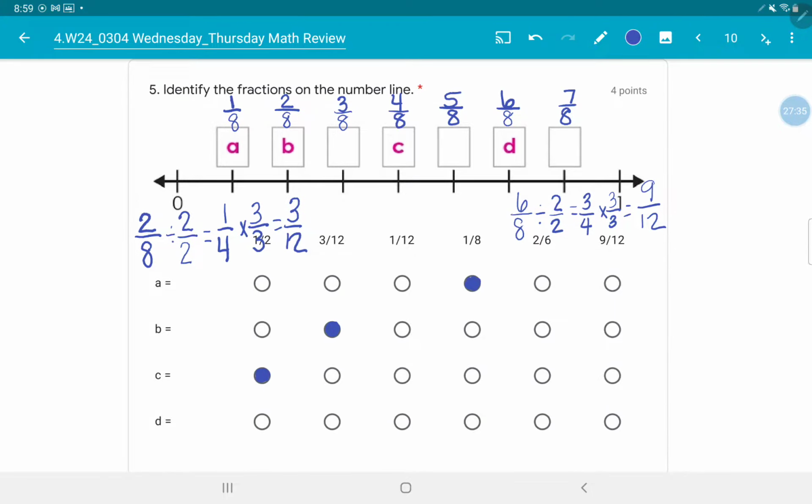Is 9/12 one of my options? Yes. So D is 9/12. Questions about that one? It took a little bit of thinking to get to the equivalent fraction, but once we thought through it, it wasn't that bad, was it? All right.